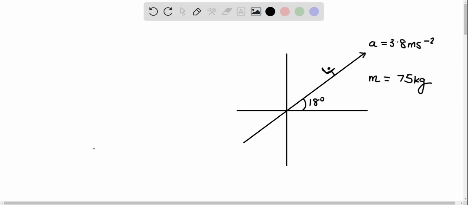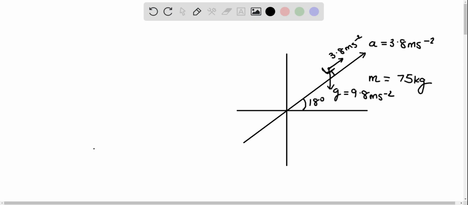That means that the cockpit is actually exerting a force in the same direction as the airplane is accelerating, and it also has an acceleration of 3.8 meters per second squared. And there's also a force vertically downwards, and it's the acceleration due to gravity, g, which is equal to 9.8 meters per second squared.